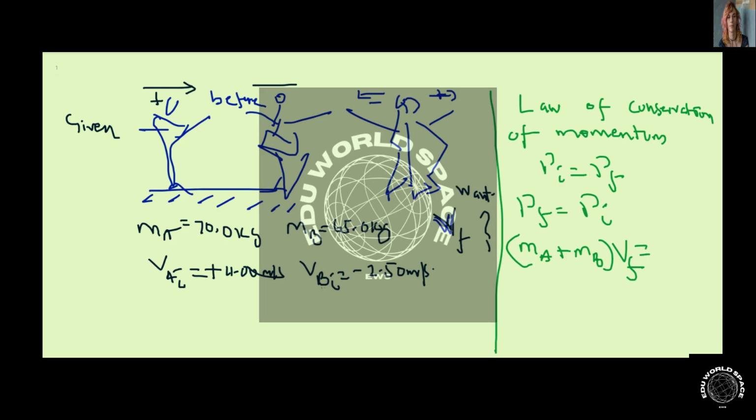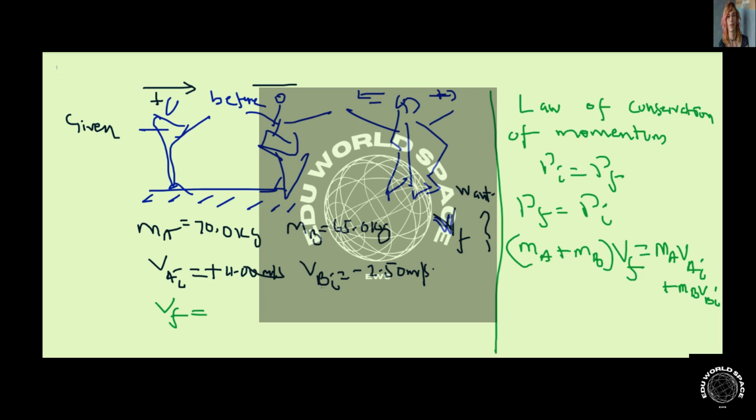On the initial side, we have mass of A and initial velocity of A plus mass of B and initial velocity of B. We want to solve for the final common velocity.